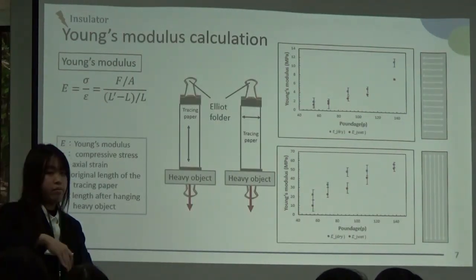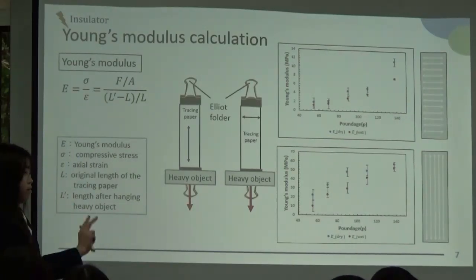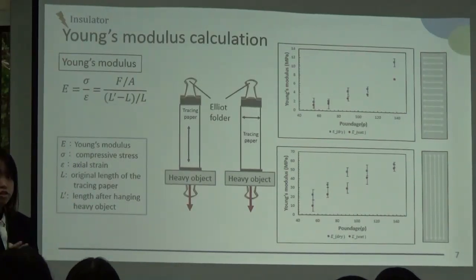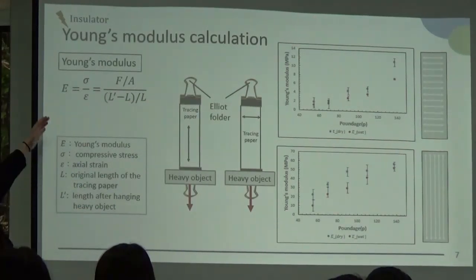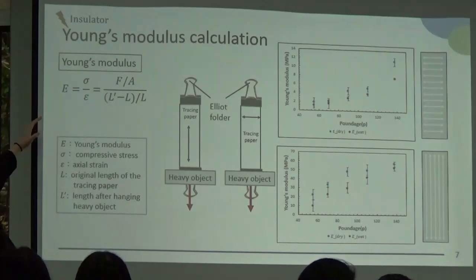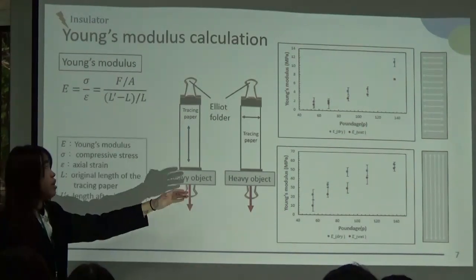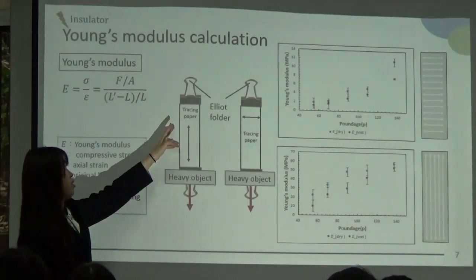So here and now I'm going to introduce 2 explanations for the relationship between the curl direction and the fiber orientation. And here, this is the first explanation, which is the Young's modulus calculation. So this is how we calculate it.